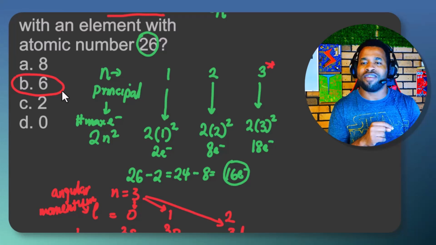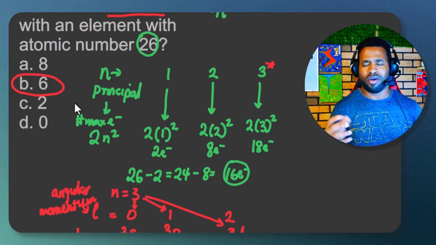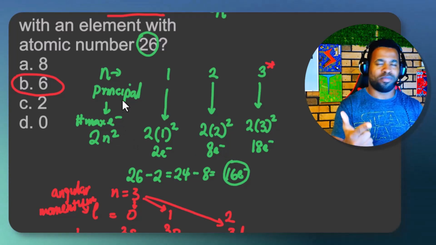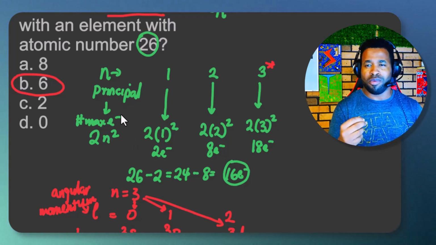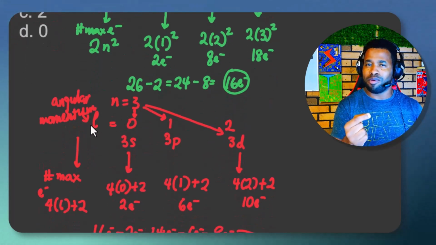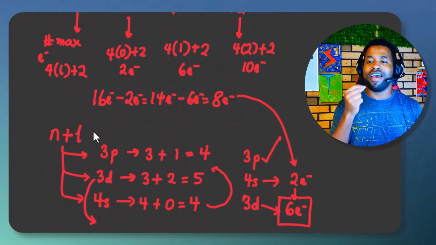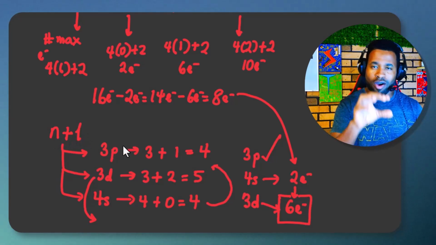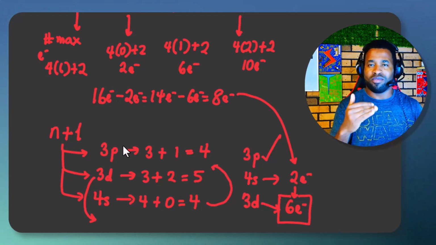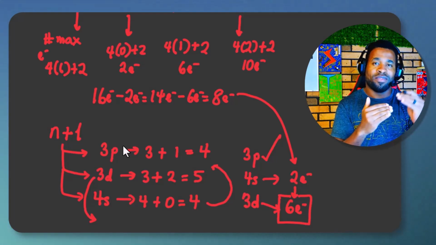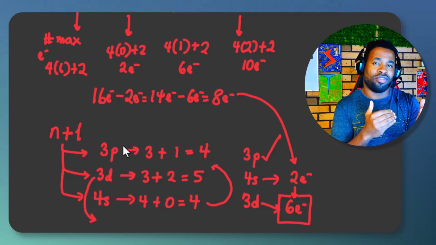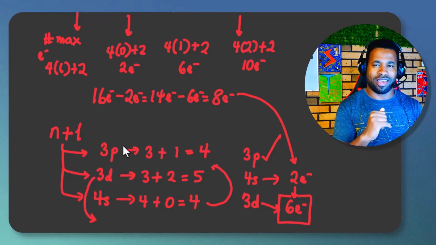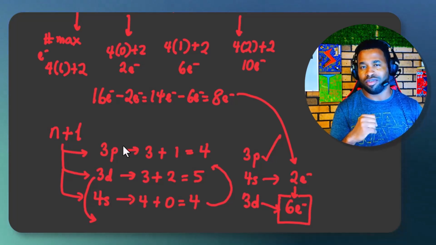So it's quite fascinating to consider all the variables in terms of using math, not only using the principal quantum numbers and maximum number of electrons, but also the angular momentum, maximum number of electrons, and considering the n plus l rule to determine where the electrons will go in terms of the differences in the energy levels between the 3d and the 4s orbitals. 4s always gets filled up first before we move on to the 3d.